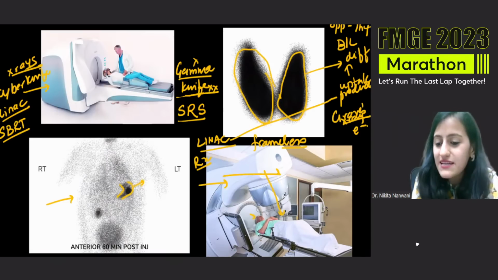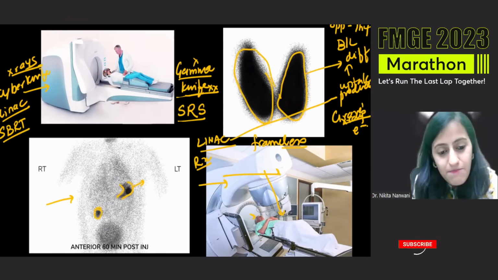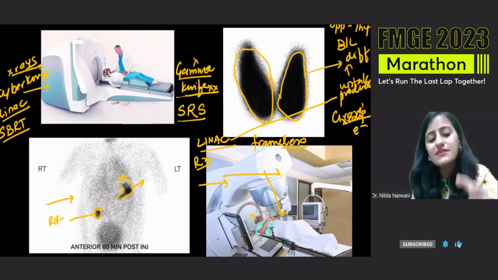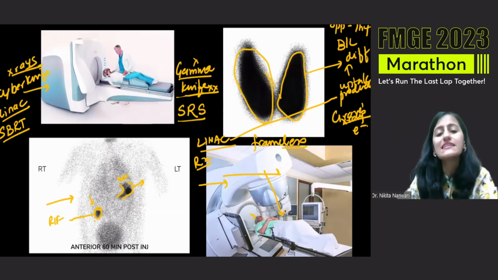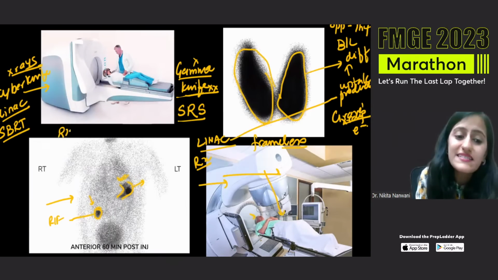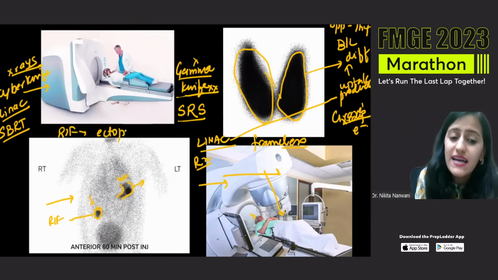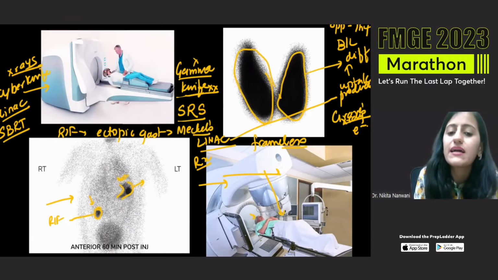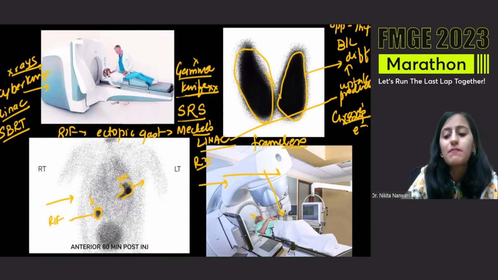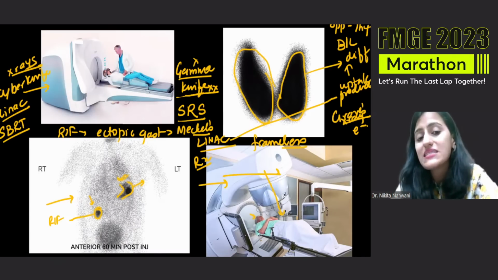We see the uptake in the stomach. We also see the uptake in the right iliac fossa. That means that like stomach, there is some tissue which is present in the right iliac fossa. Which right iliac fossa pathology contains ectopic gastric tissue? That is Meckel's. Meckel's has ectopic gastric, ectopic pancreatic tissue. So this is Meckel's diverticulum.